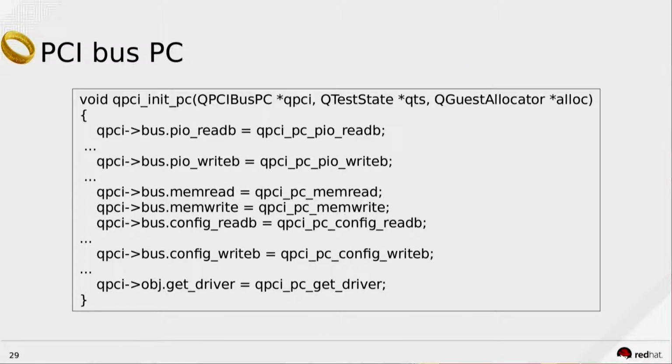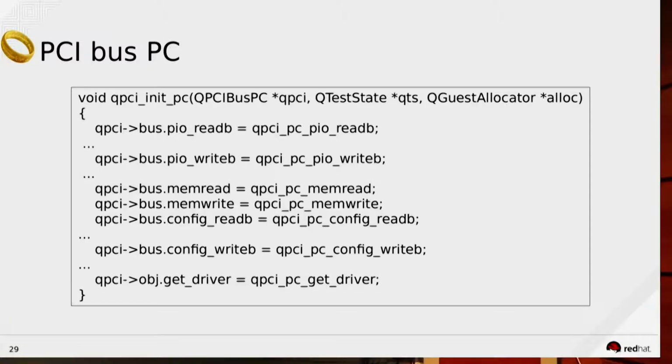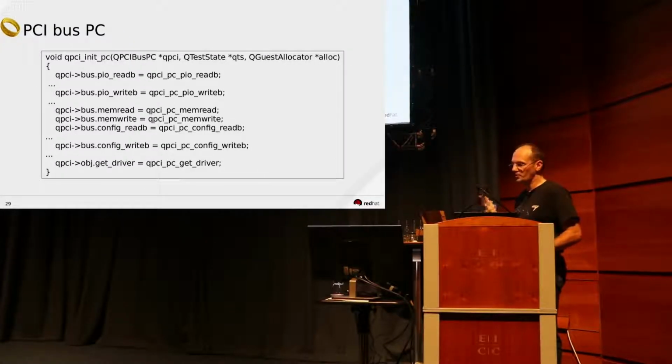And the last constructor, the constructor of the PCI bus for PC, provides the interface, so it provides all the functions to access the PCI bus, to write and read into the controller and the card of the machine.